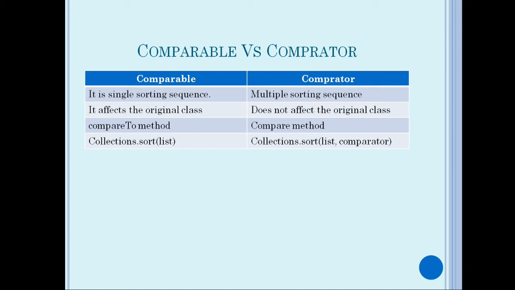It does not affect the original class because you're not going to touch the original class. Instead you create your own comparator class which implements the comparator interface. There is a compare method in which you specify how the objects will be compared. Then you use Collections.sort, specify a list, and then specify your own comparator class for how it will be compared.